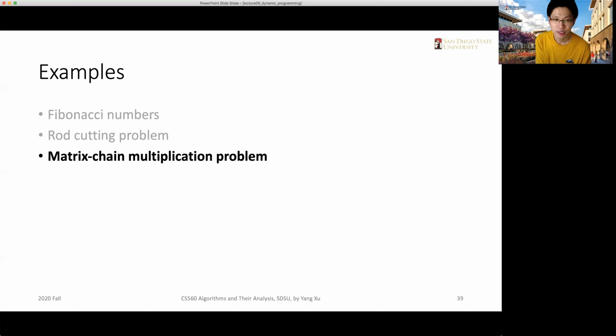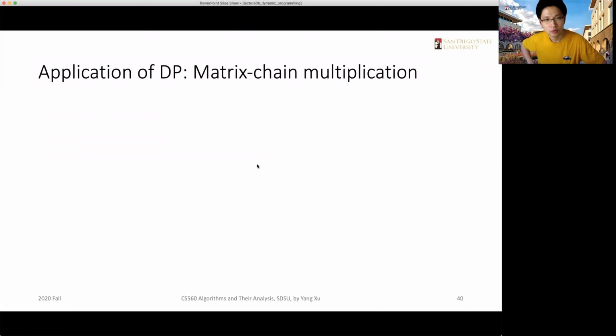It's matrix chain multiplication. It no longer deals with the problem of multiplying two matrices, but this time we have a chain of matrices, and the problem is a totally different problem here. We'll see how dynamic programming can be applied because of the nature of the problem.